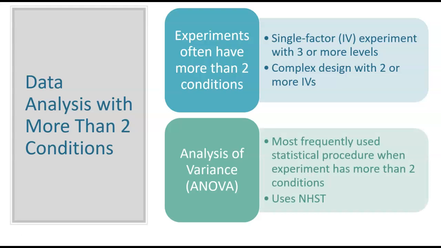It is the most frequently used procedure when we do have an independent variable with more than 2 conditions. And you've gotten some experience with the ANOVA in your homework in Pallant. These tests do use the null hypothesis significance testing approach.